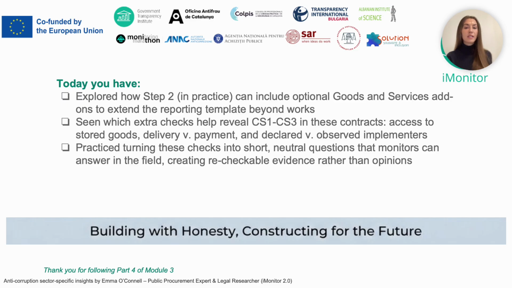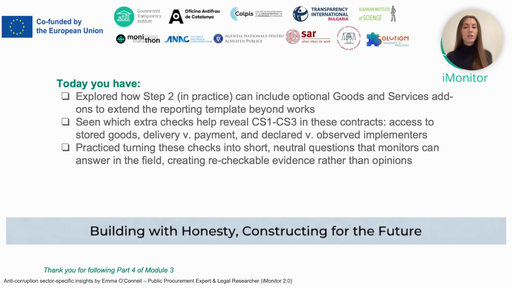They're not actually separate schemes, but just typical Corruption Scheme 3 patterns, so regular undisclosed subcontracting, or even teams that look very different from what was evaluated in the tender. So when a contract charges for senior experts, but the work is actually done by juniors, it has a Corruption Scheme 2 angle because the public buyer is paying for a level of services that they did not actually receive.